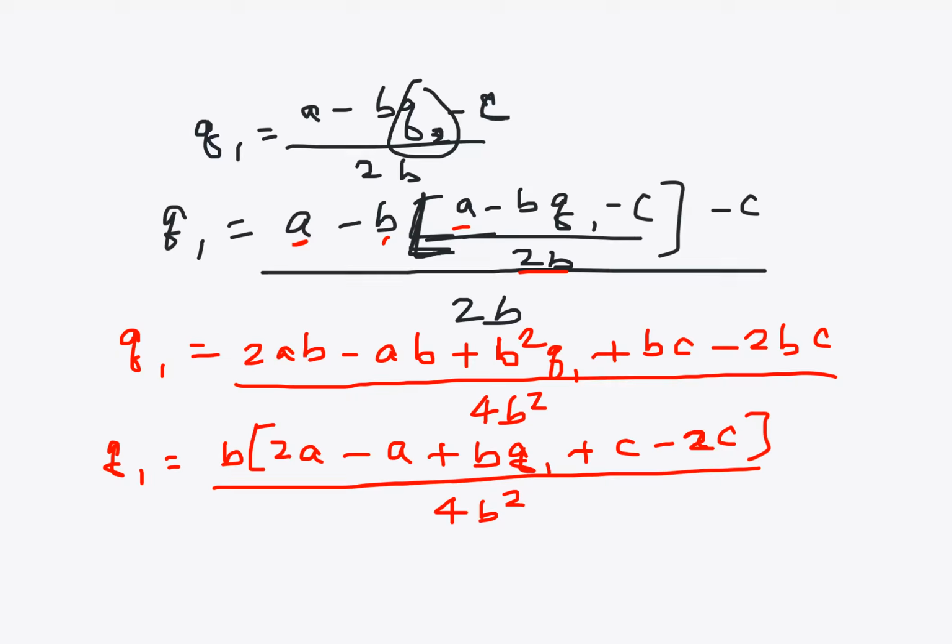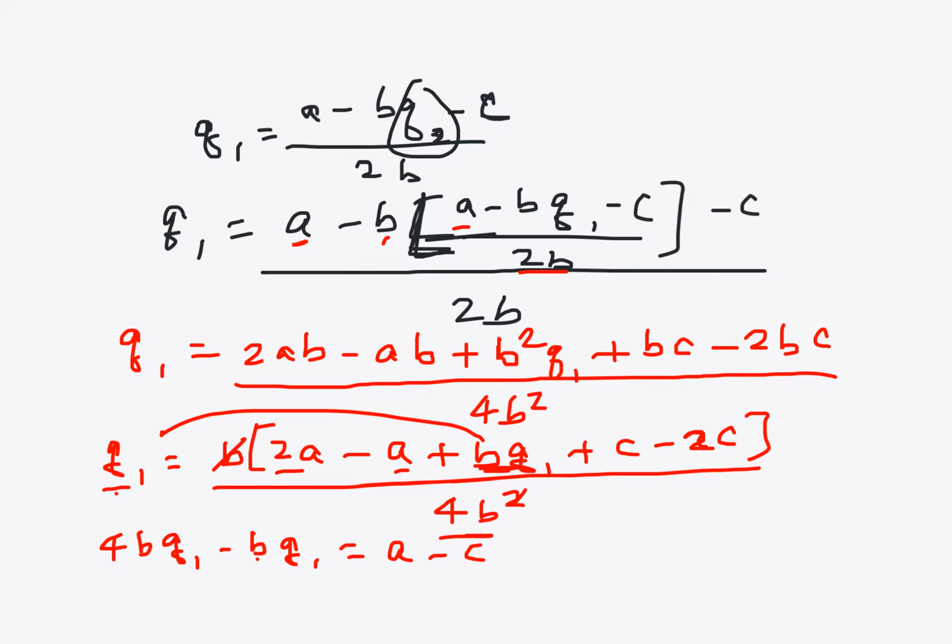So now the B squared you can cancel with this B, leaving just one B. Then 4B gets multiplied by Q1, so you have 4 times BQ1. And then this BQ1 over here can come over here with a minus sign, so minus B times Q1. And that equals 2A minus A, which is A. And then C minus 2C is minus C. All right.